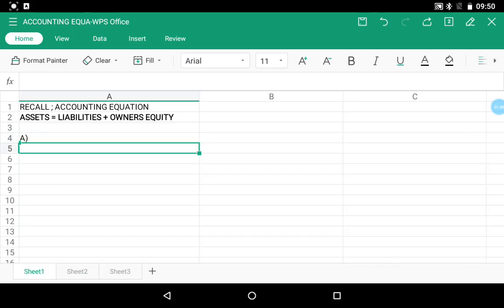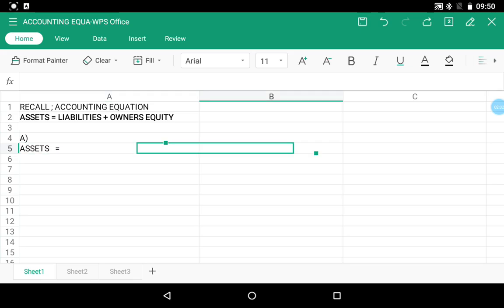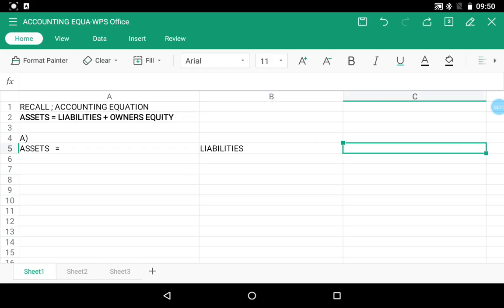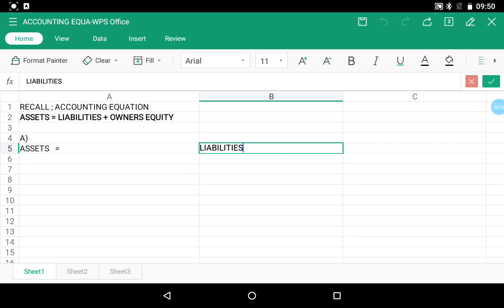this is part A, but I've said every transaction we must first state our accounting equation. So our accounting equation is assets is equal to liabilities plus owners equity.